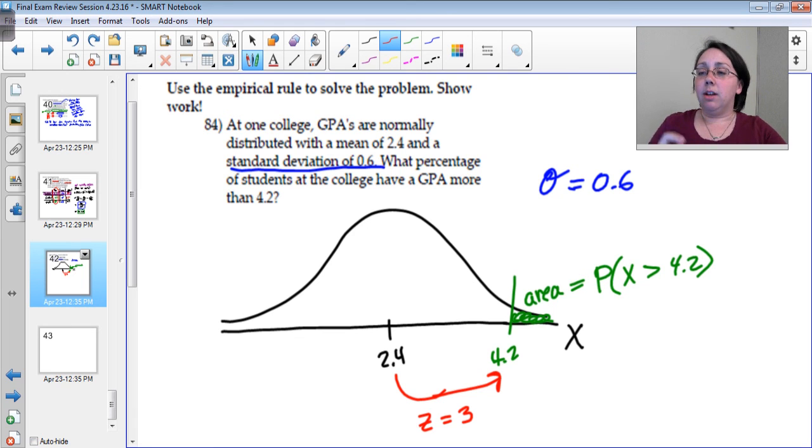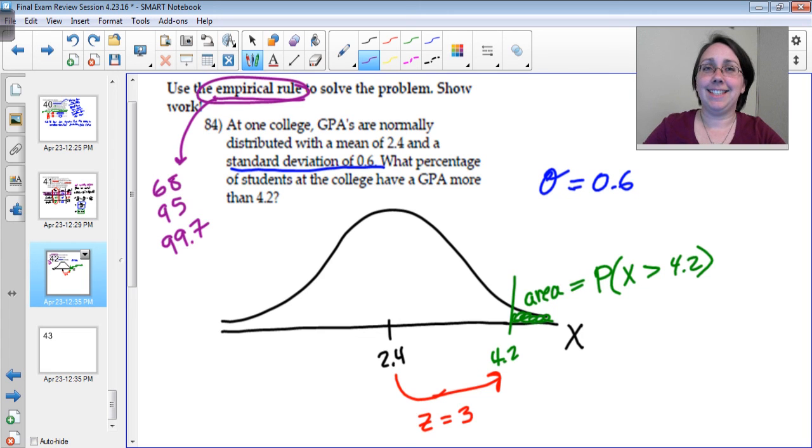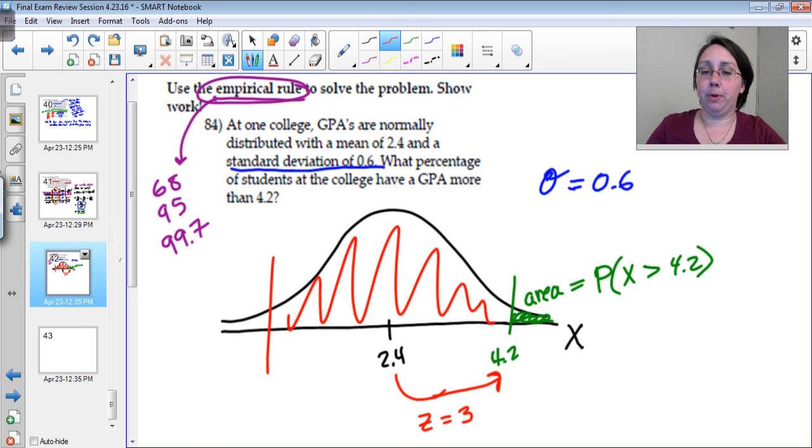Now, empirical rule, what are the 3 percentages? Which one are we at? We're at 99.7, but the 99.7 is the middle between both directions. You don't even want the middle.